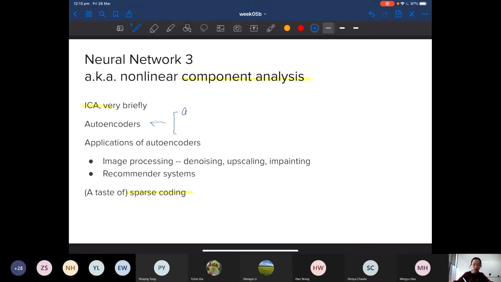One is associative networks. Again, an associative network is essentially a two-layer autoencoder or two-layer network, as we will see. This is in the book. And then the other idea is the idea of many layers.